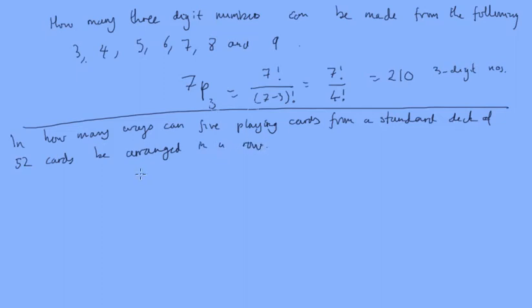So again, there's 52 and we're only choosing 5. So that's going to be 52 factorial over 47 factorial, and that's 311,875,200 ways.